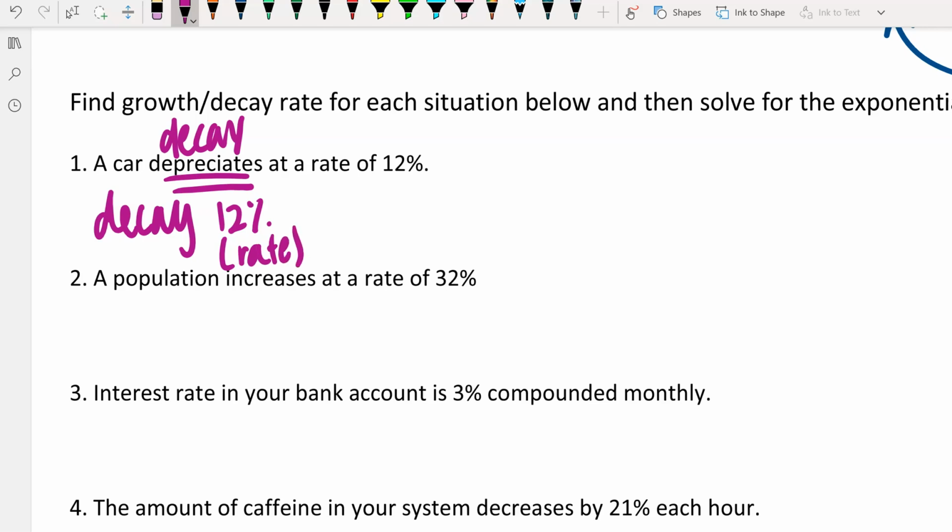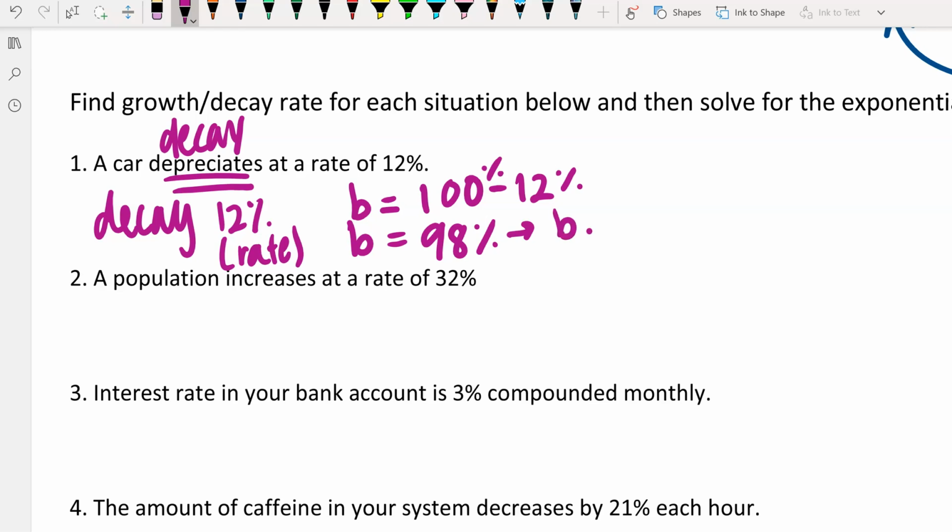And then our base, okay, we always indicate our base for exponential functions with b. So to find our actual base of the function, because it's decay, we take 100% minus 12, and that gives us 88%. Put my percents in there, okay? Which means as a decimal, not 98, it's 88. You're probably like, no, no, no, Mrs. Conine, that's wrong. It's 88.